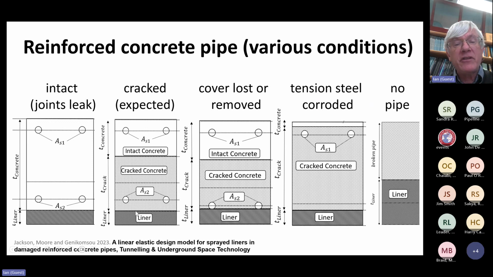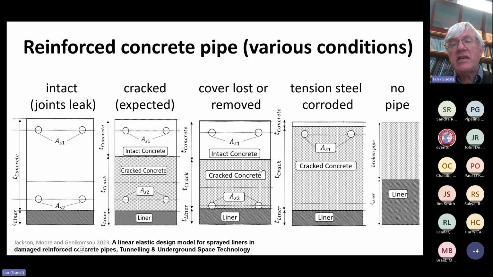What happens if we've got the typical service condition where the concrete will crack through the concrete, past the tension steel, and we design considering that condition? Then the design condition considering what happens when the cover concrete is gone due to spalling or abrasion.